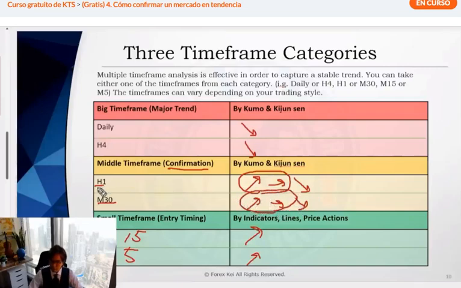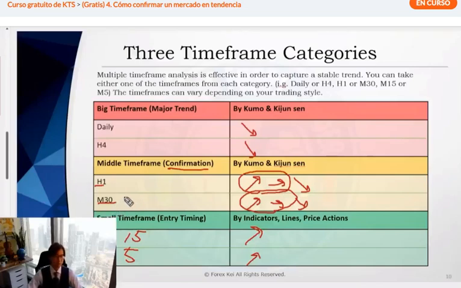When H1 and M30 are flat, usually traders lose because the market ranges on the lower time frames. And from here, it may go down because higher time frames are downtrending. So H1 and M30 may follow the downtrend in the long run, but if it's ranging or up, then the chance is 50-50 on these mid time frames.